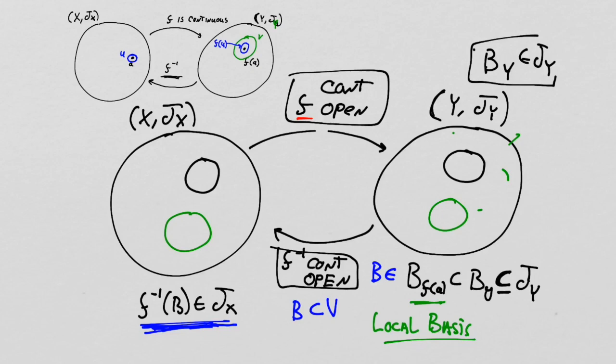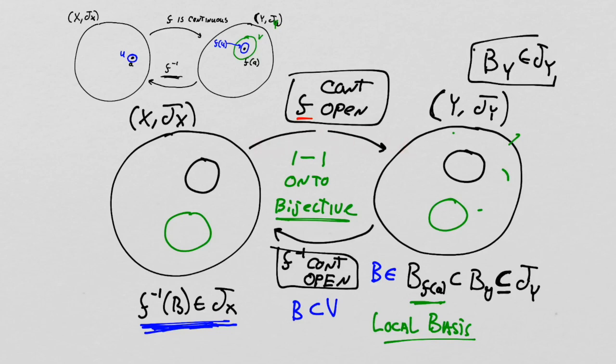If in addition to that, these functions are one-to-one and onto, which is another way of saying they're bijective, surjective and injective, that is what a homeomorphism is. These homeomorphic spaces are profoundly related because basically they're the same space.